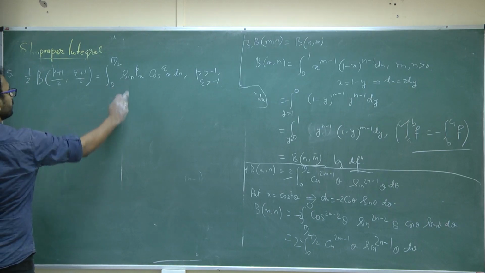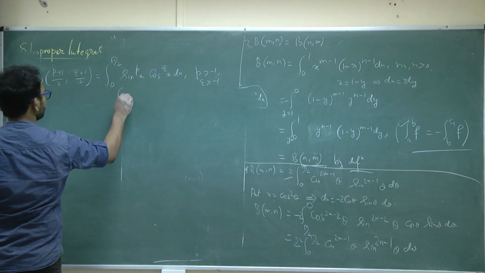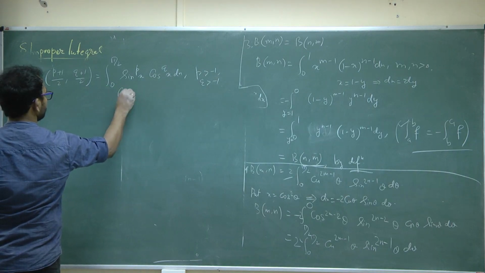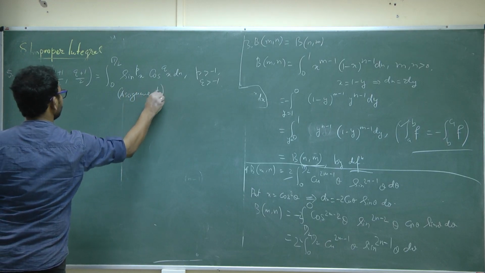This you can again prove by substituting x equals cos square theta in your beta function and then proceed as usual. Consider it as an assignment. So, there is nothing new to prove here.